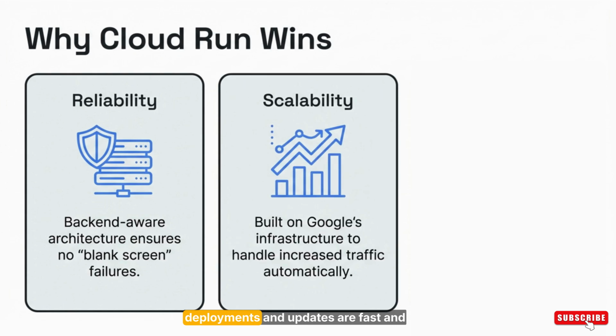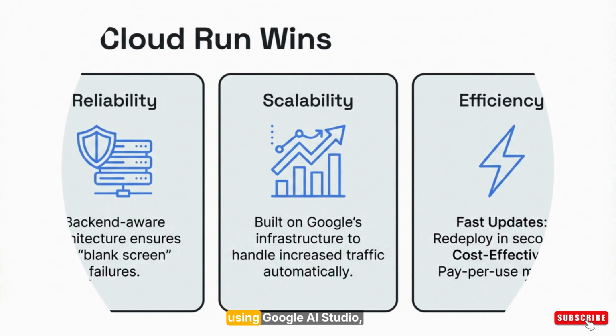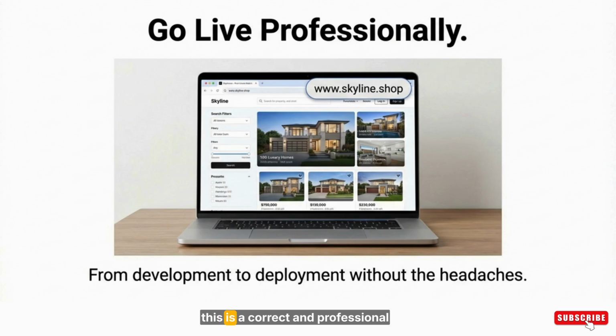Second, deployments and updates are fast and easy. Just one click to redeploy. And the third one is it is cost effective because you only pay when your website is actually used. So if you are building websites or apps using Google AI Studio, this is a correct and professional way to deploy them.